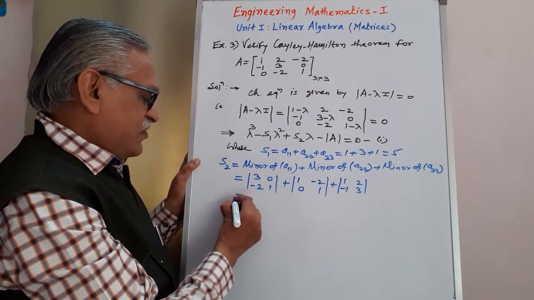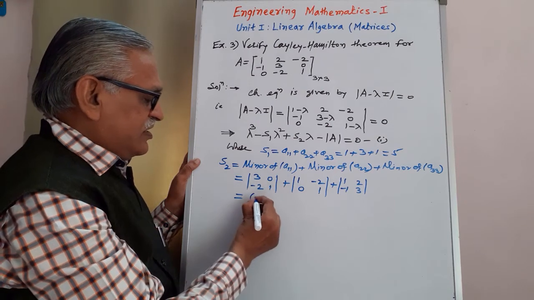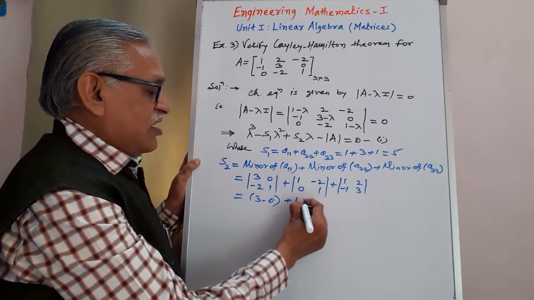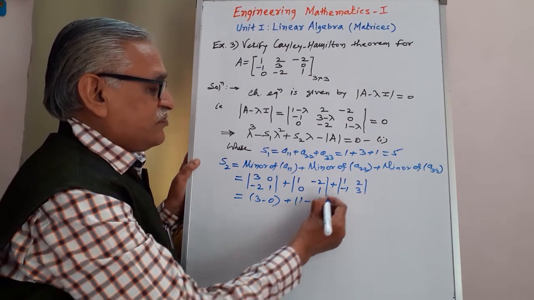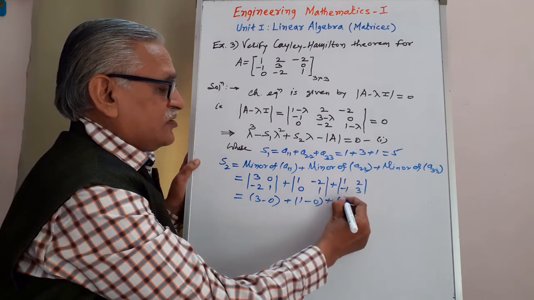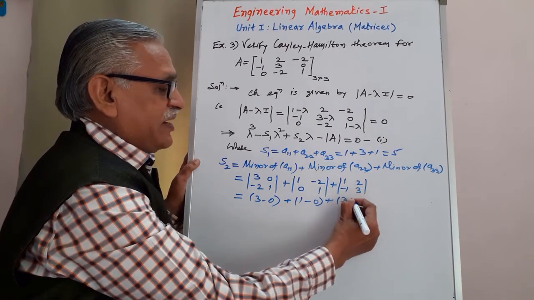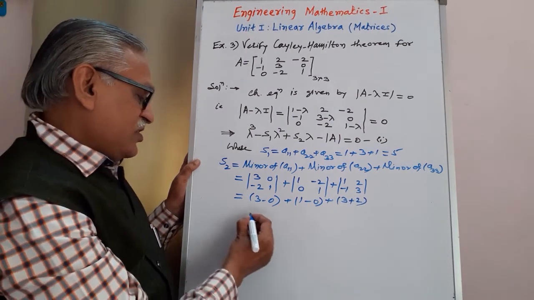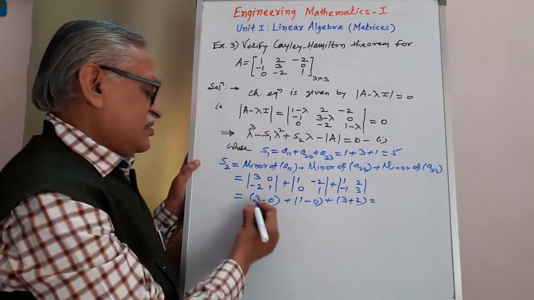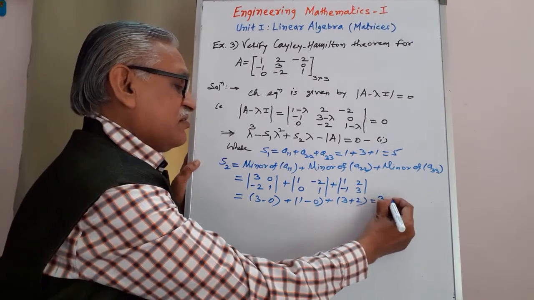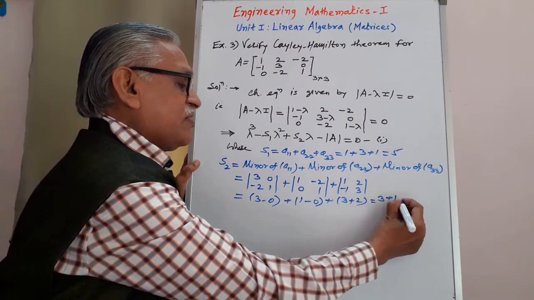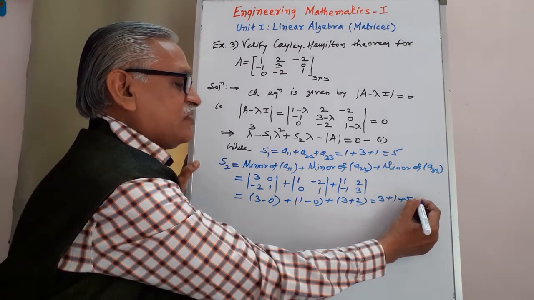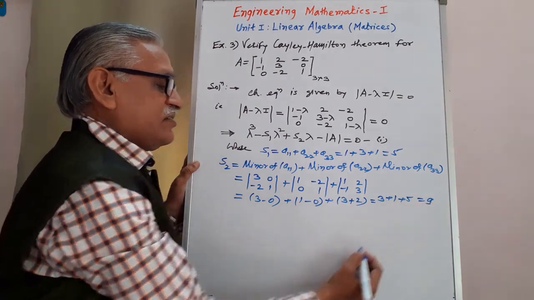Evaluating that value: 3 minus 0, 1 minus 0, 3 minus, and that minus becomes plus, and therefore that value is 3 plus 1 plus 5. 5 plus 3 plus 1, 8 plus 1, we get that value as 9.